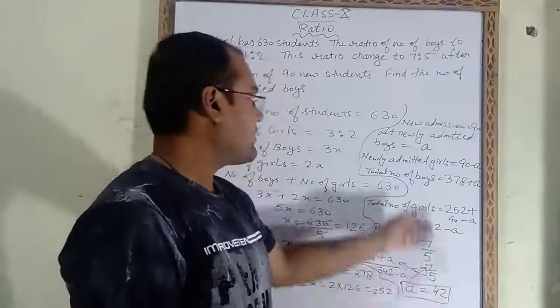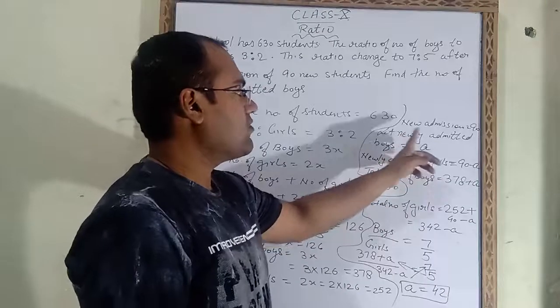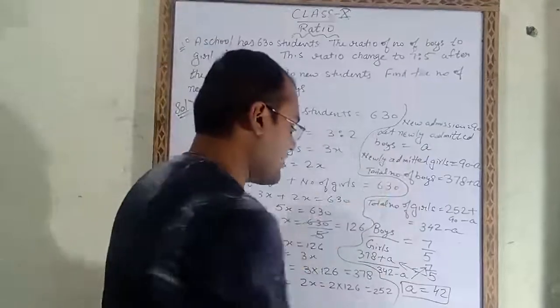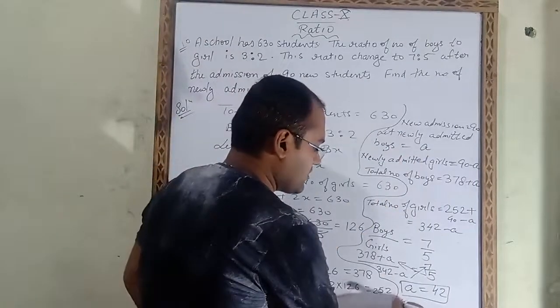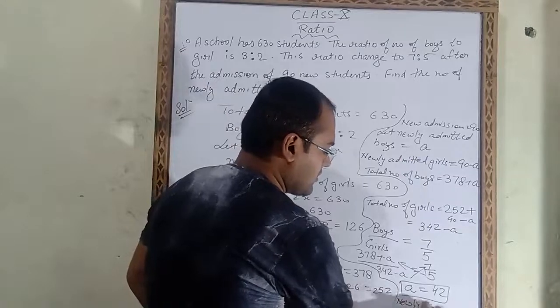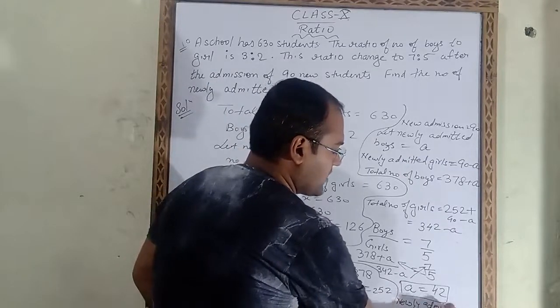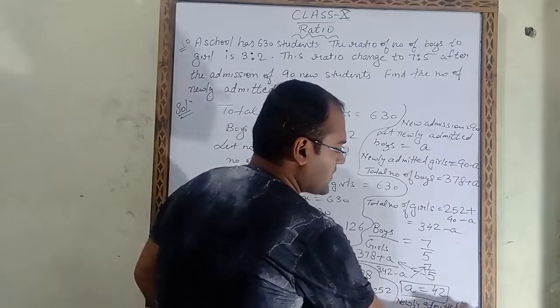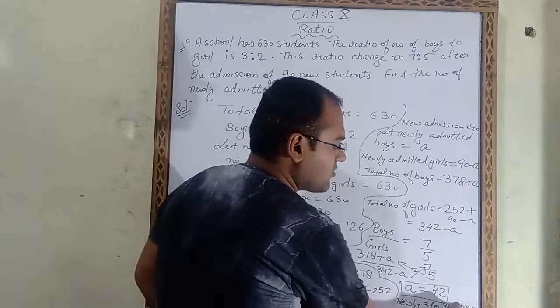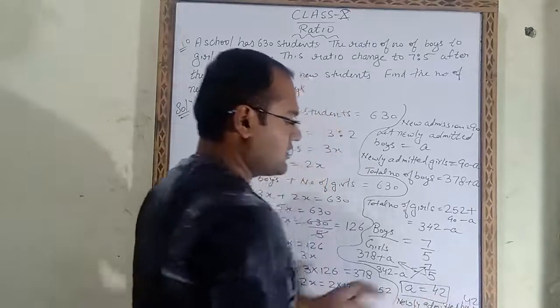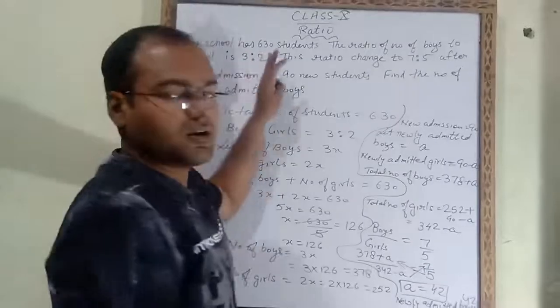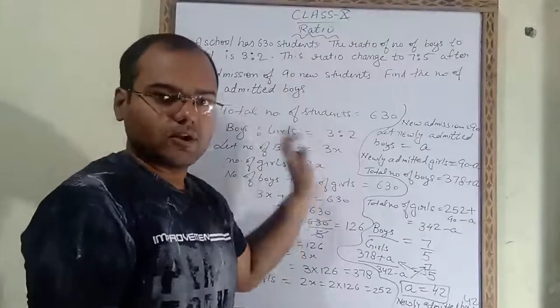What is A? A is the newly admitted boys. So we have to write: newly admitted boys are 42. So this is the final answer of question number 10. Like this you have to do question number 10.